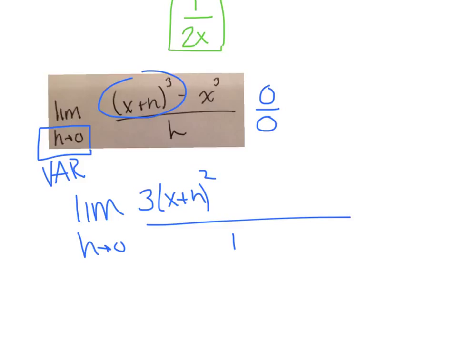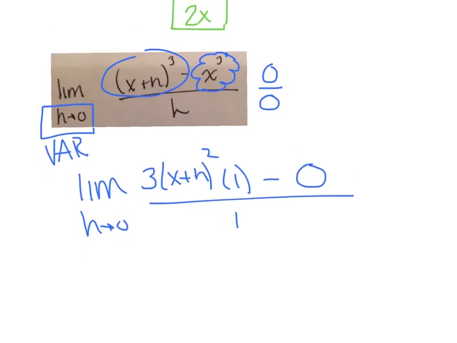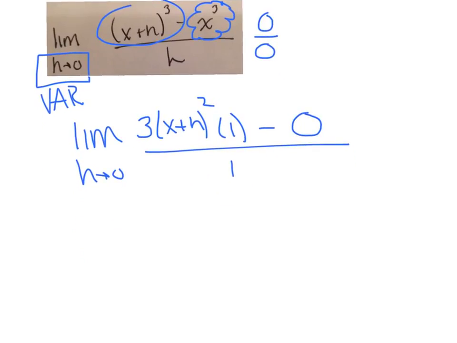X plus h is just times 1. This bear right here, don't get fooled, it's not 3x squared. The variable is h, therefore the derivative of anybody else is a constant. Okay, take that limit, plug it in, so I'm going to get 3x squared as my final answer.